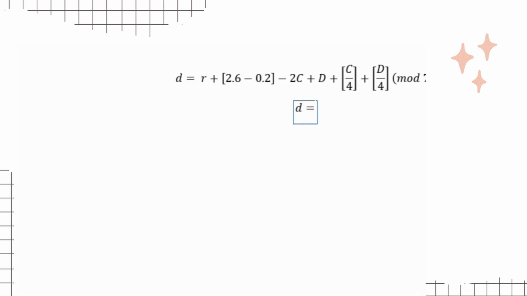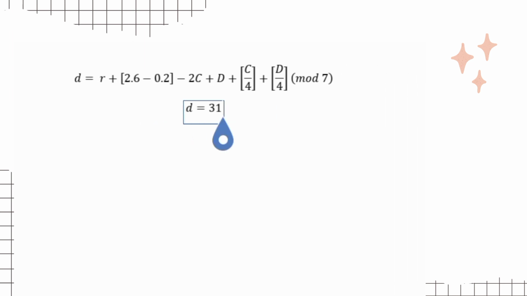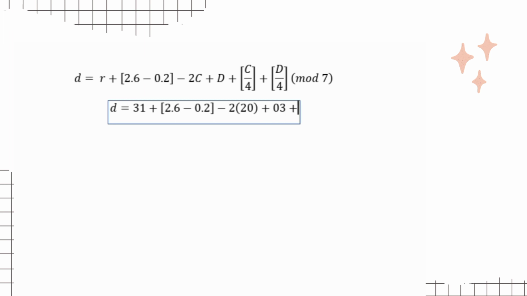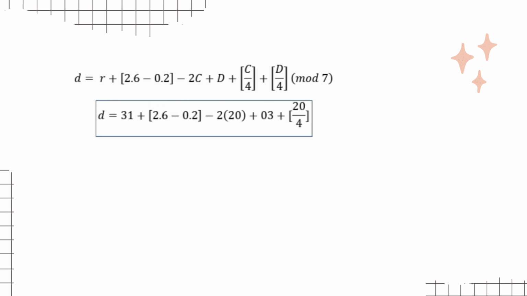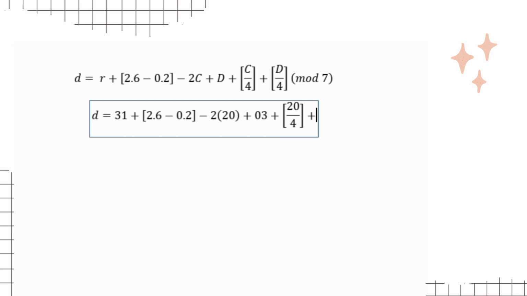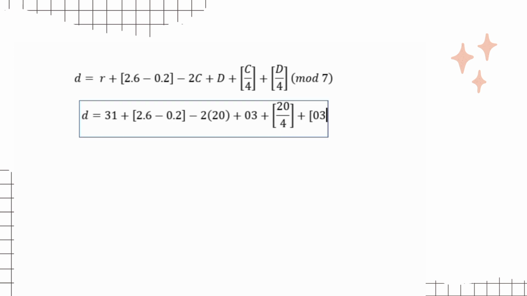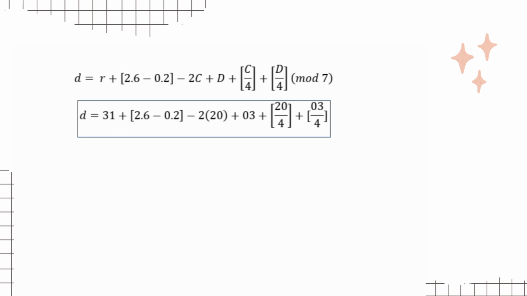Now plug in with the formula, which is D equals 31 plus 2.6 times 1 minus 0.2 minus 2 times C plus d, plus the absolute value of C over 4, plus the absolute value of d over 4, mod 7.